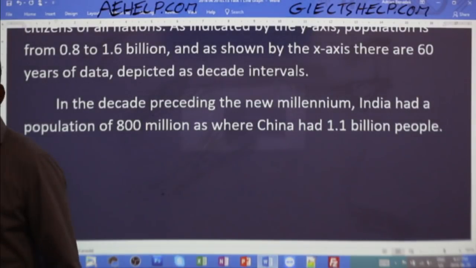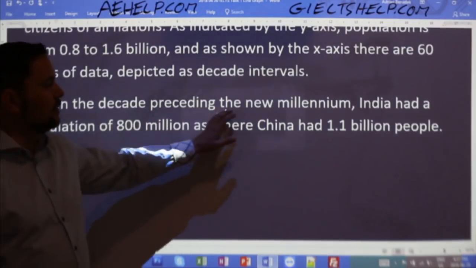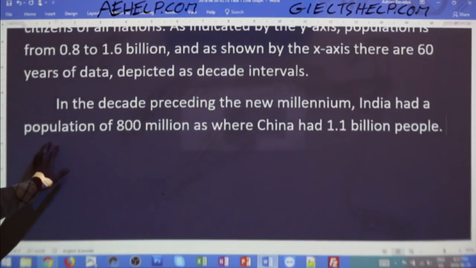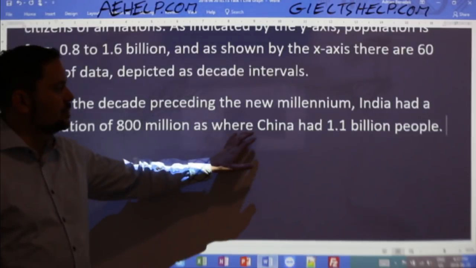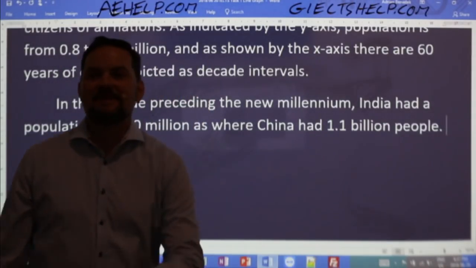Okay, how about that? That's the way I would go about it. Okay, so the 1990s was the decade preceding the new millennium. India had a population of 800 million, as where China had 1.1 billion people. Okay.